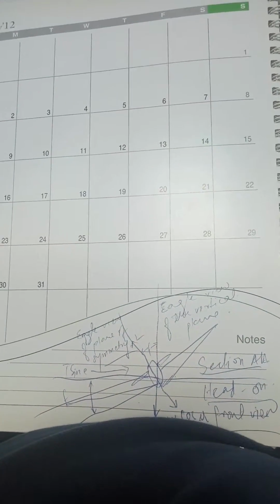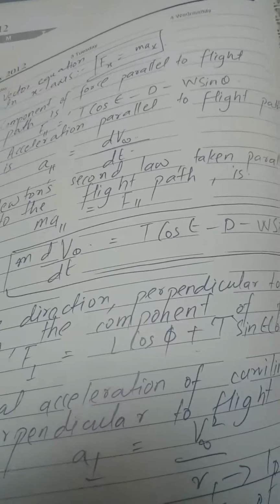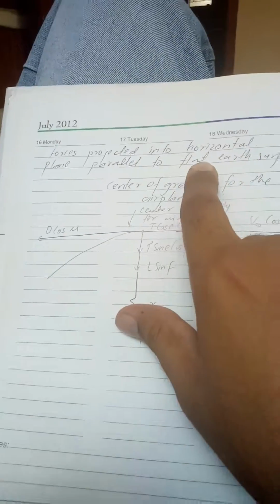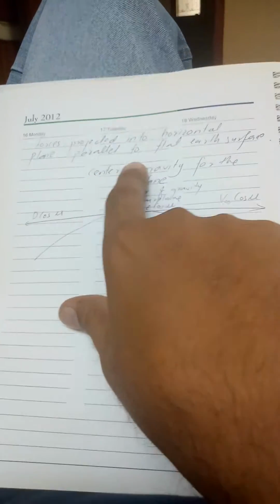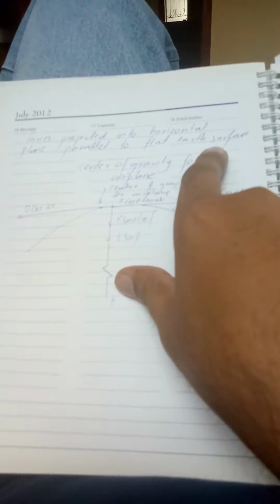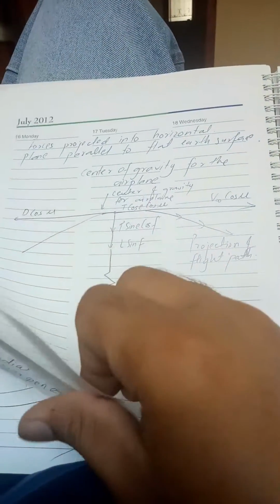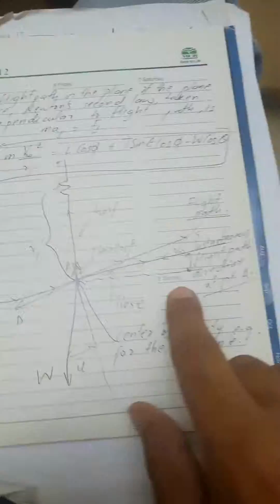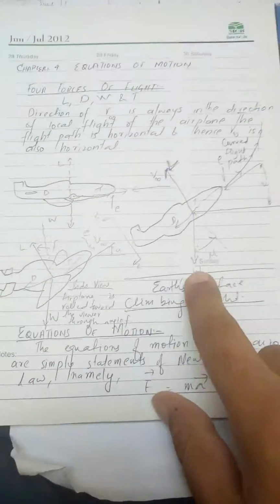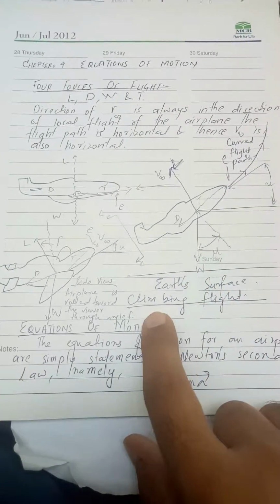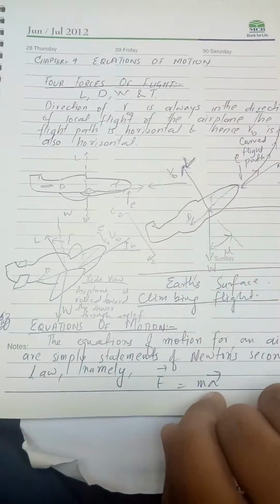And we can also have, let me give you an example, yes, this one: forces projected into the horizontal plane parallel to the flat earth surface. In this case there was the earth surface and there was a climbing flight.